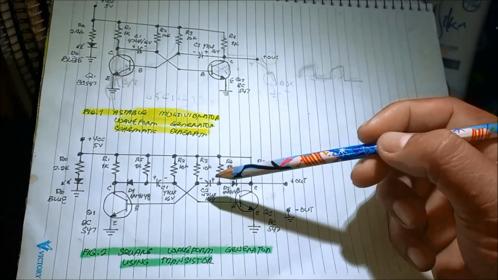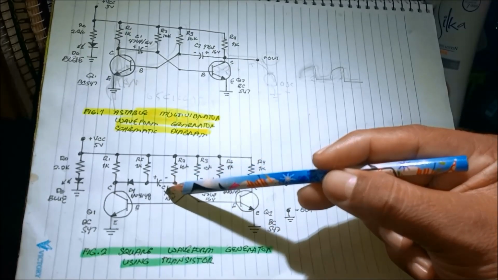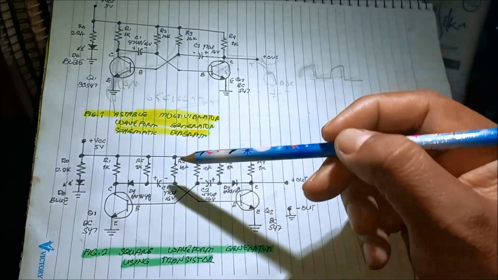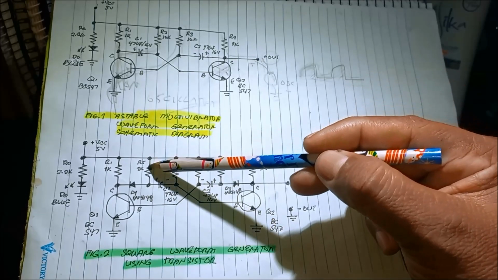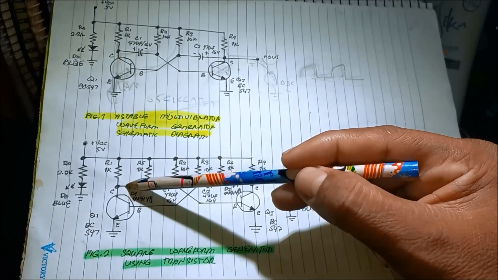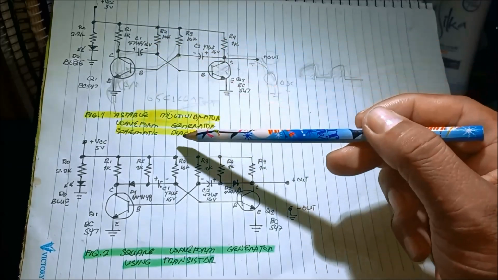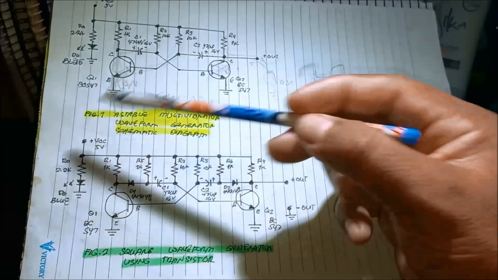That's why we have this new circuit. Although we have the same transistors, the new components added here are the resistor and the diode. Unlike here, we don't have the resistor and the diode. Same 5 volt supply, same power LED.